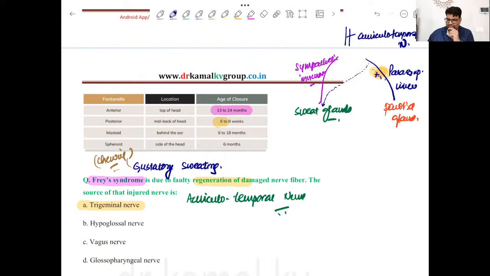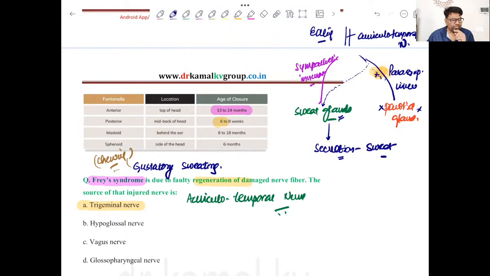So the parasympathetic are taking the command for secretion, but since it is not going to parotid, it is going to sweat glands. So there will be secretion from the sweat gland, and that is actually sweat, right? So whenever there is food eating, instead of parotid gland saliva secretion, there is secretion of sweat. So that is known as gustatory sweating.